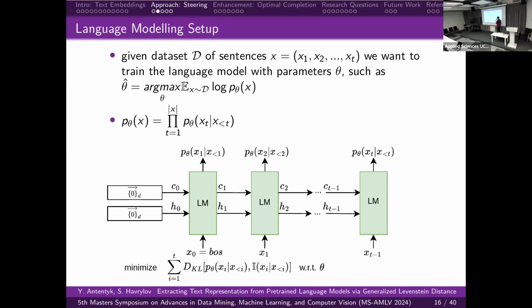The way we do this is maximum likelihood estimation, which means we minimize the KL divergence between the probability of the next token produced by the language model and the degenerate distribution, where all the probability mass is assigned to the next token in the sequence. That's basically straightforward.